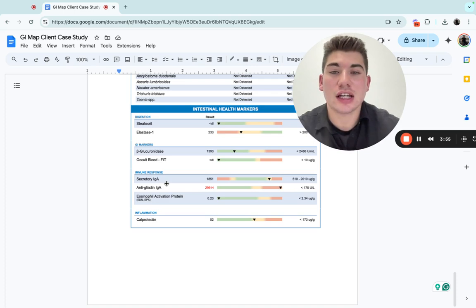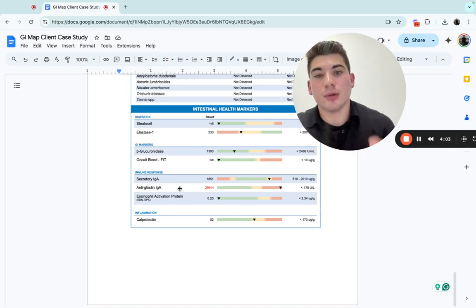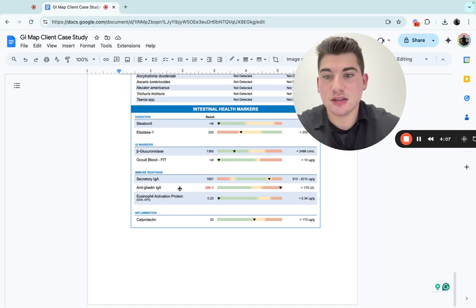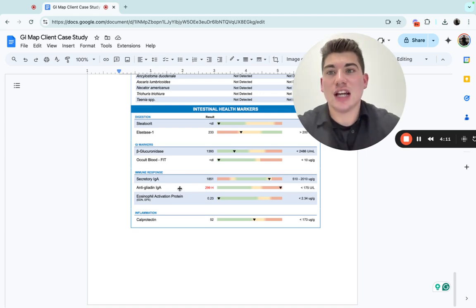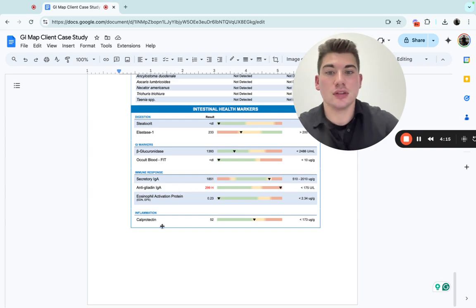So then he was getting a lot of immunological inflammatory responses from food, giving him acne. Another one was anti-gliadin IgA, which is a gluten marker. So we can clearly see with this test that he has some form of gluten sensitivity, not to the full blown point where it's celiac disease, but we know there's some issues there with gluten.